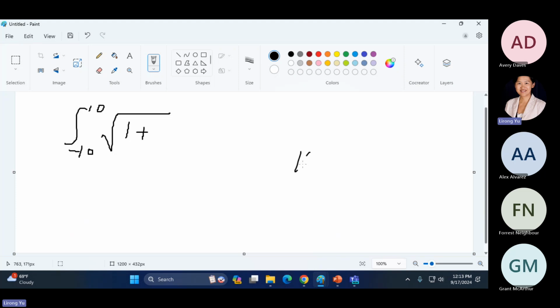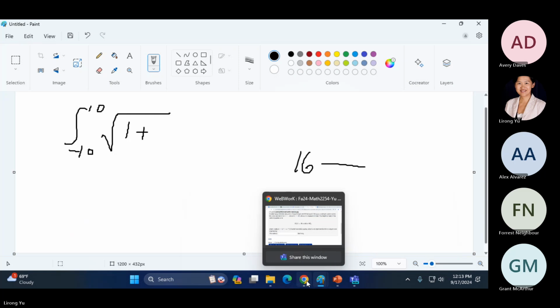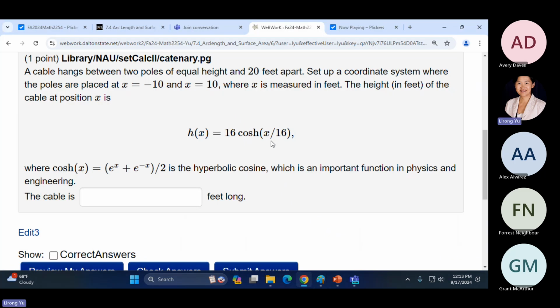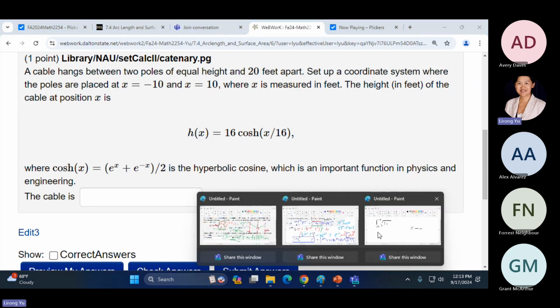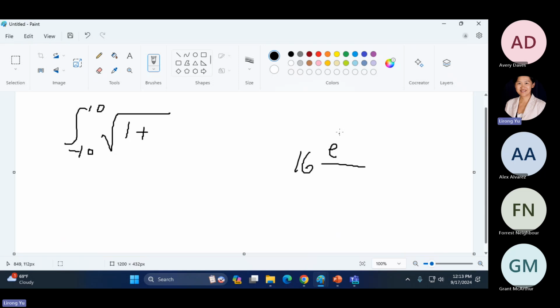This is 16 times cosh of x over 16, so e to the x over 16 plus e to the negative x over 16, over 2. That's originally the function. We need to find the derivative of it.